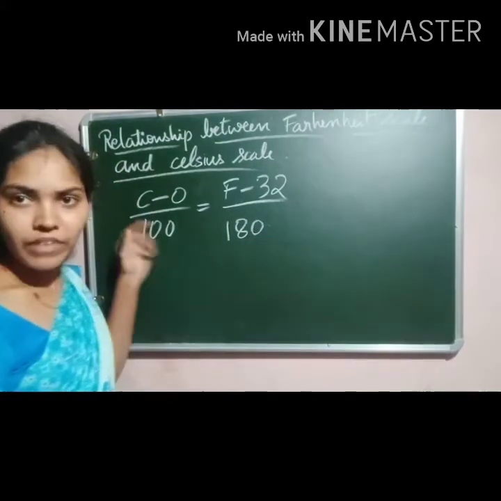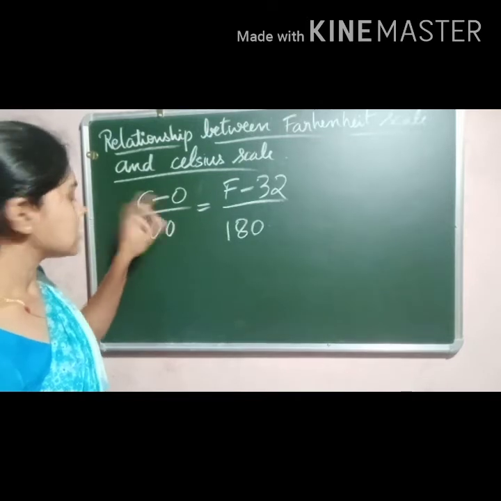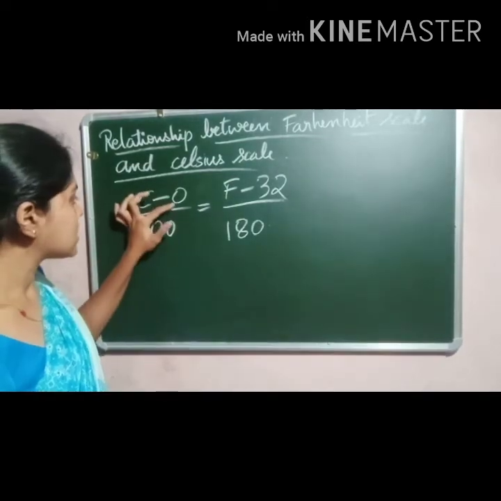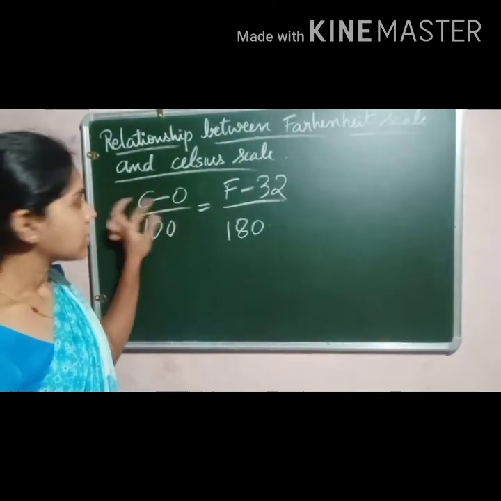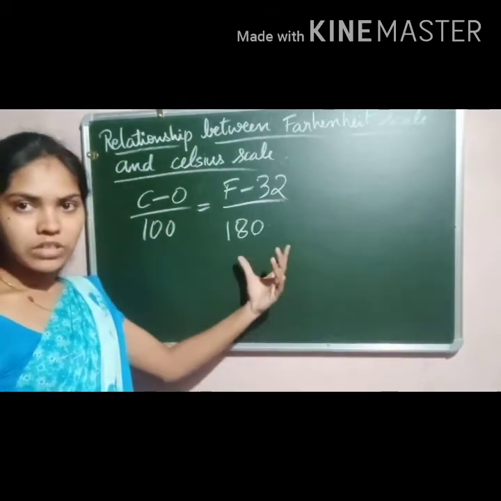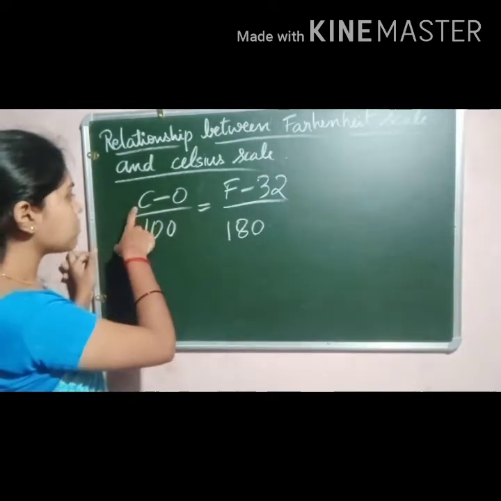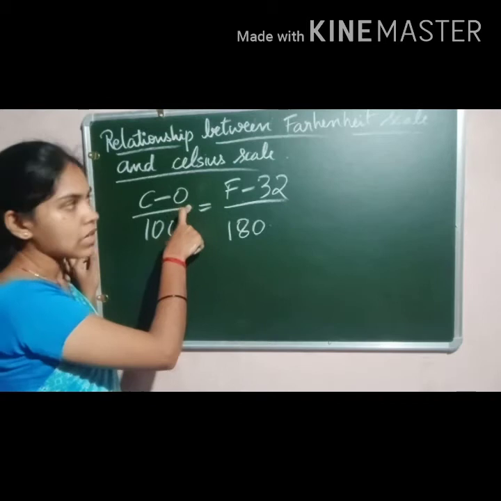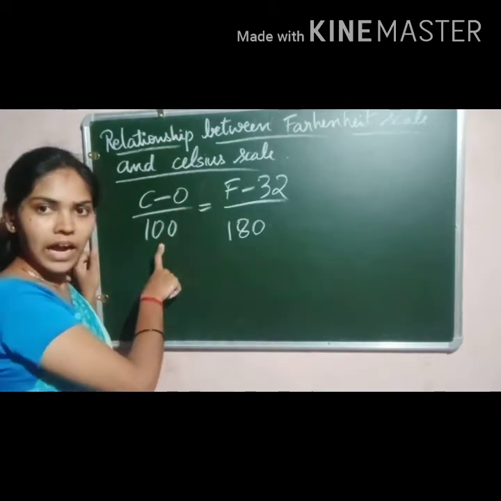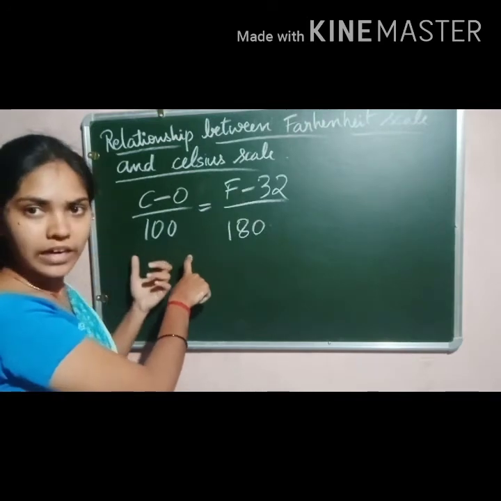Okay, I can write the relationship like this: any temperature minus 0 in Celsius, that difference is equal to this difference in Fahrenheit. That means the ratio is the same. Any temperature minus 0, because 0 is the lower fixed point, divided by 100, because the interval is divided into 100 equal parts.